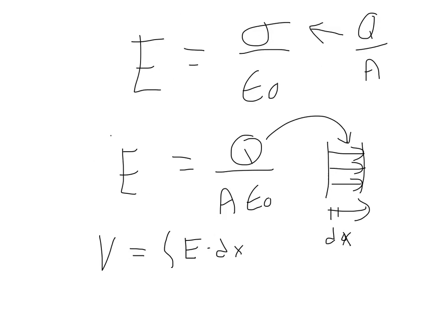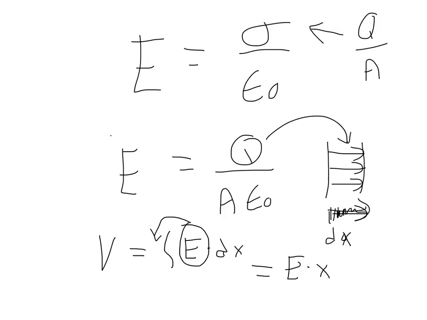So that's dx. Small amounts all the way that you integrate up to get this full distance x here. But what's nice is if the electric field is constant, then you pull that out of the integration, and V just becomes the integral of dx times E, which is E times x.